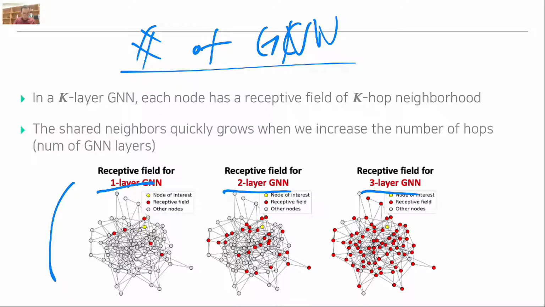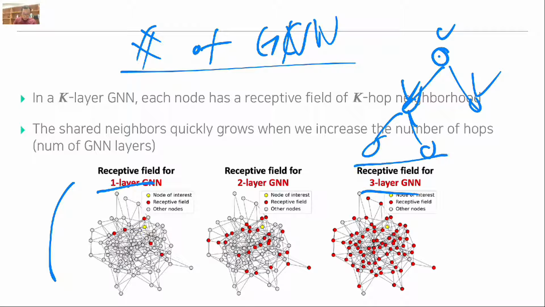What about when we have two GNN layers to decide this node representation? We consider the direct neighbor's neighbor representation, right? This representation is from the previous layer, and in the second layer we aggregate this representation to decide this target node's representation.